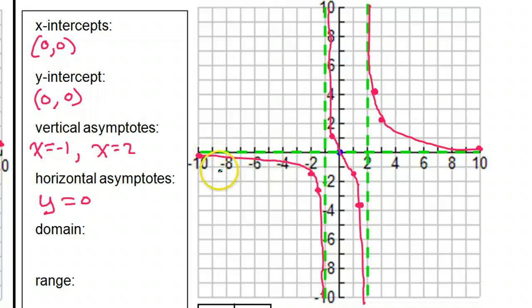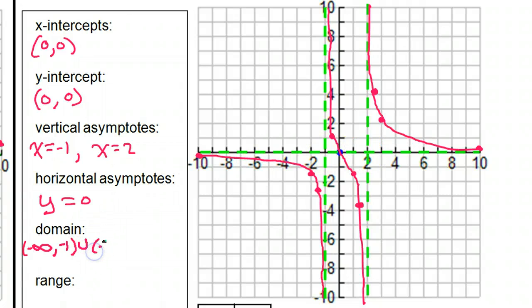Okay, so the first branch here goes from negative infinity to negative 1. Alright, it goes from negative infinity to this asymptote. Negative infinity to negative 1, union, and then we've got this middle part here which goes from negative 1 to positive 2.